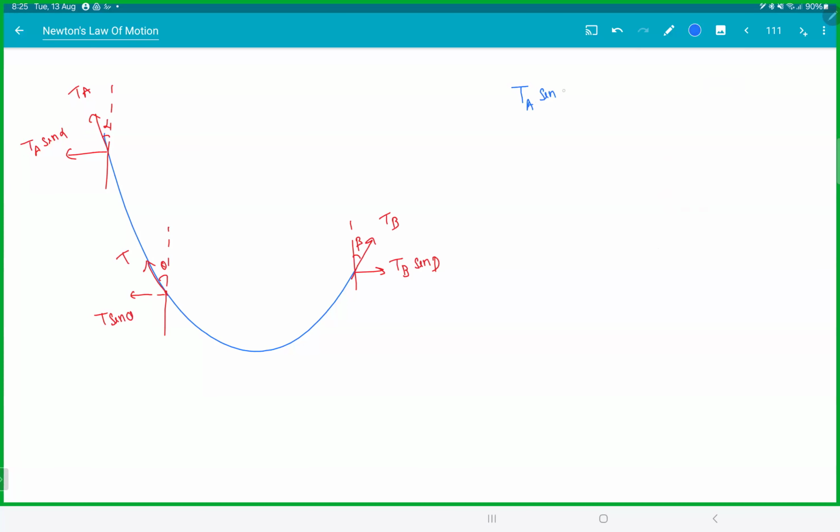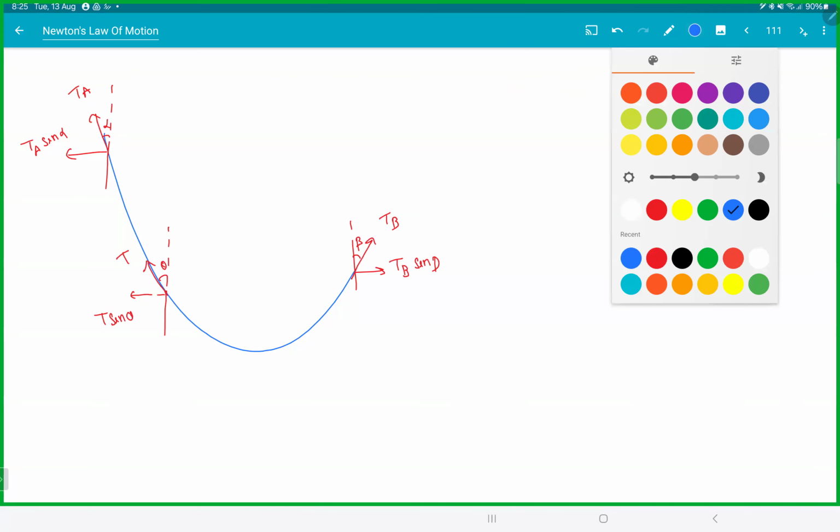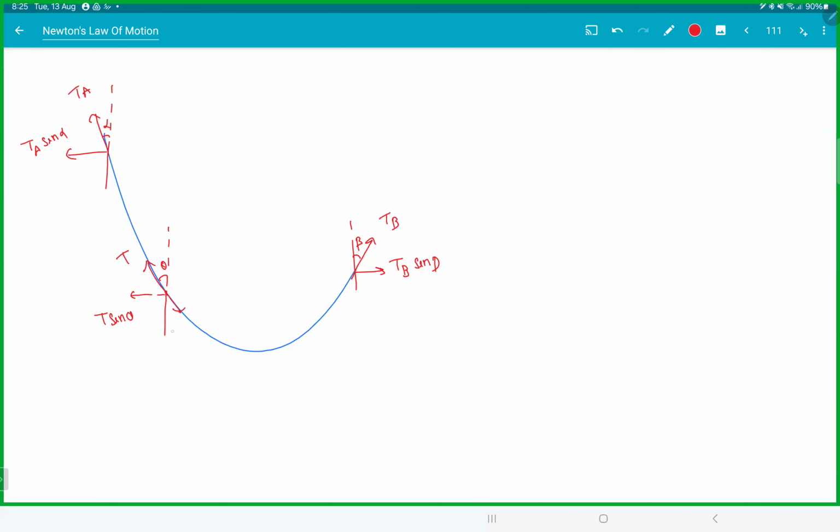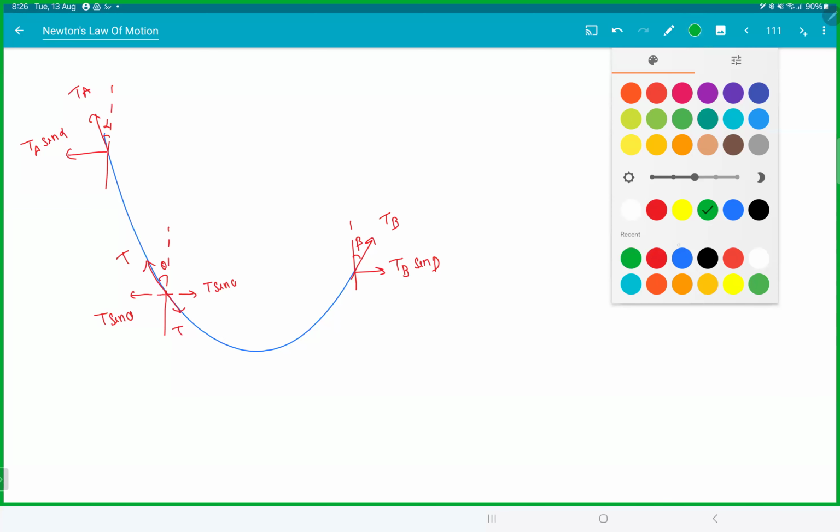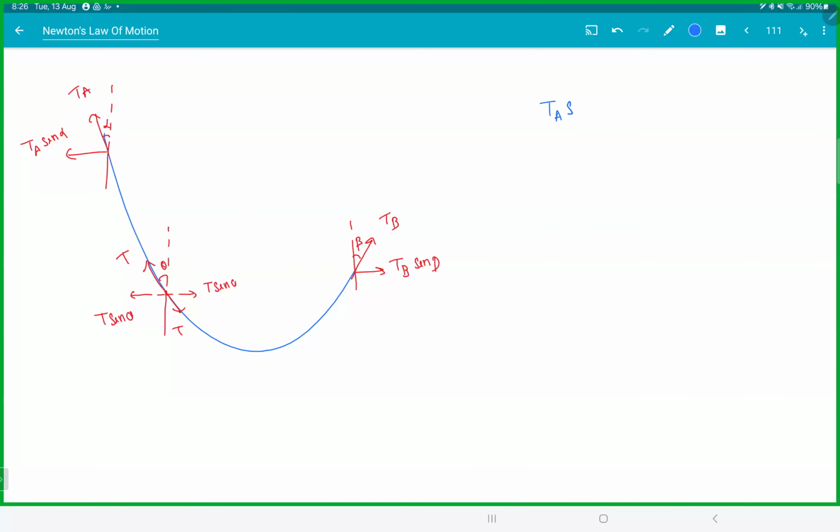So TA sine alpha must be equal to, meaning if I just cut a string like this, depending on which piece you're taking, if you take the left piece or the right piece, you will notice that TA sine alpha is equal to T sine theta. This will be a theoretical question in the exam in more than one choice questions. So on the string, he will say the horizontal component of tension always remains constant.